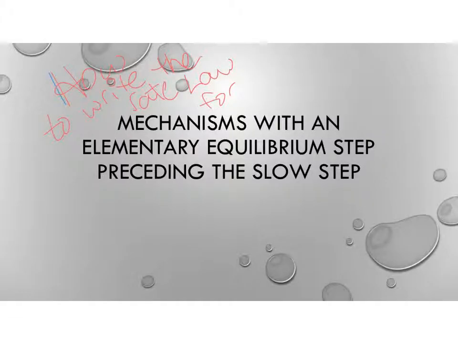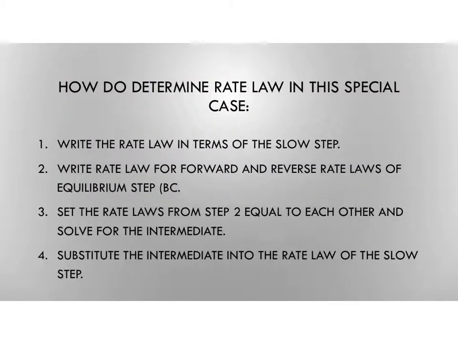All right, so this podcast is officially going to be how to write the rate law when you have a mechanism that has an elementary equilibrium step that precedes the slow step. That's a mouthful, right? Okay, so this is the step-by-step way that you need to do this. Essentially, you're going to write the rate law for the slow step.